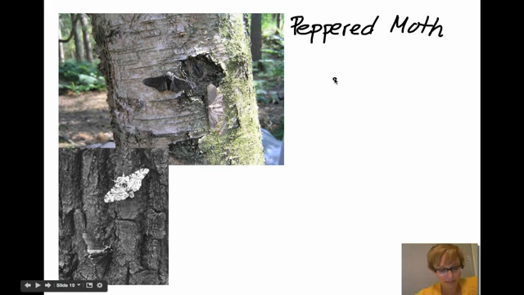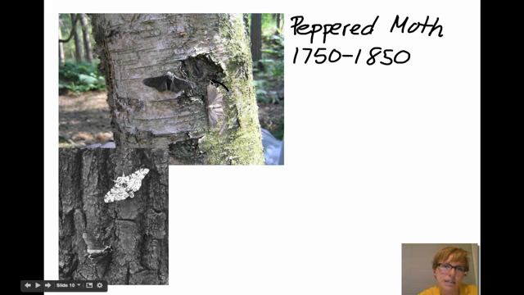So the Industrial Revolution was between 1750 and 1850. And before the Industrial Revolution, there was mainly these kind of lighter colored peppered moths. Now, peppered moths are in the order Lepidoptera, and they are eaten by birds.